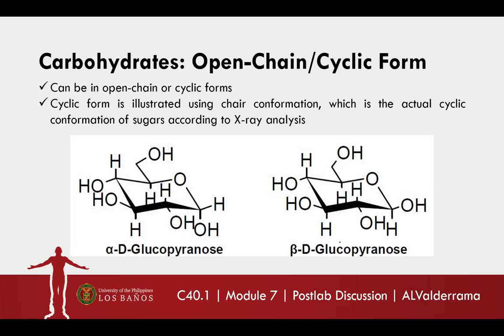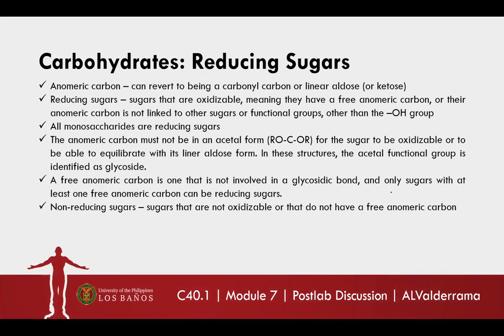So, meron pa tayong isang illustration. It can be in a chair or boat conformation. So, ito ay natutunan nyo na sa stereochem, diba? Sa module 5. So, itong chair conformation natin, ito ay nagiging alpha, again, if naka-orient pataas yung H, and beta kapag naka-orient pababa yung H. Then, yung ating carbohydrates can be a reducing sugar.